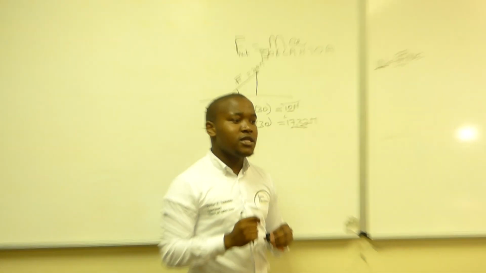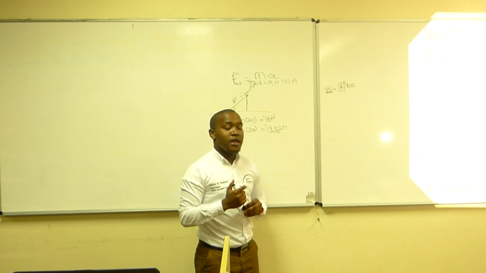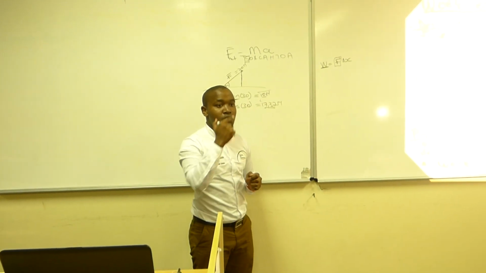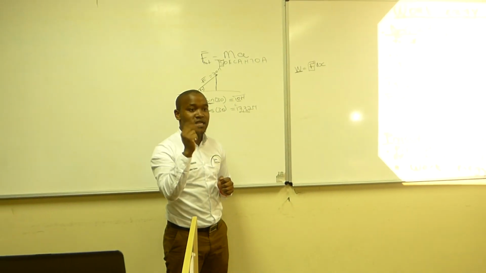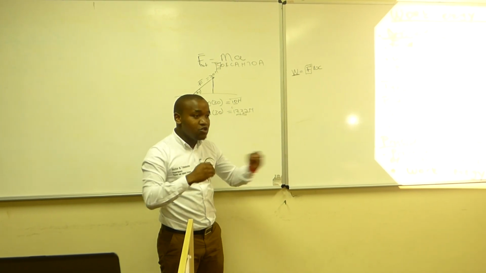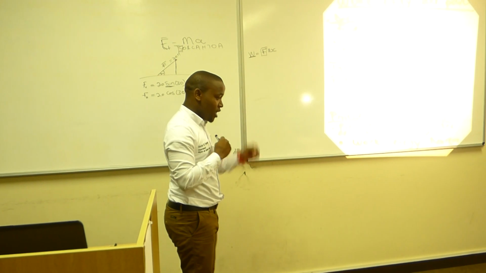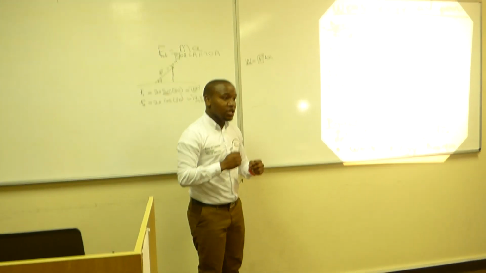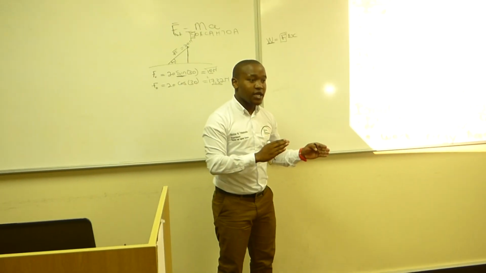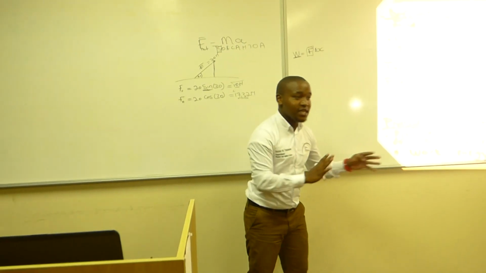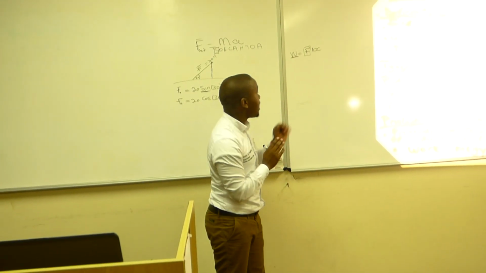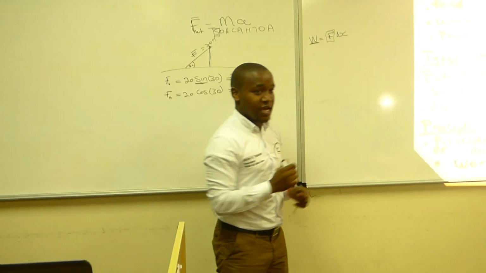Now let's talk about the requirements of work. Number one, force needs to be applied. Secondly, distance needs to be covered. You need a force, and secondly, you need that force to cause an object to move a certain displacement, delta X. That's why I have F delta X.